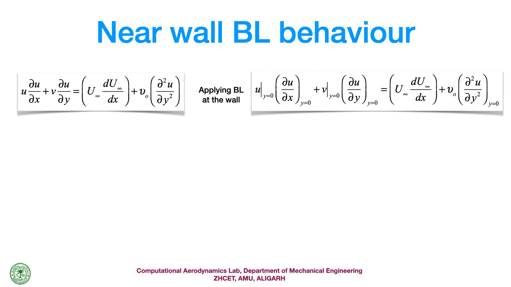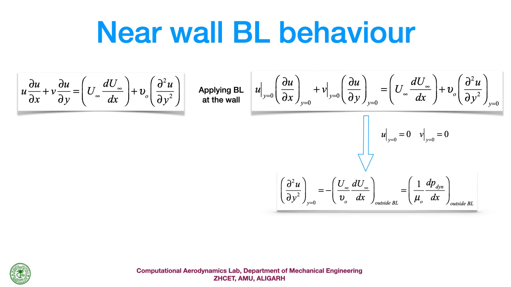Now, because of the no slip boundary condition, u and v both are 0, so this equation turns into this equation. Since u and v are 0, the LHS of this equation becomes 0, so that means del 2u over del y square will be equal to minus mu infinity by mu naught into du infinity by dx.